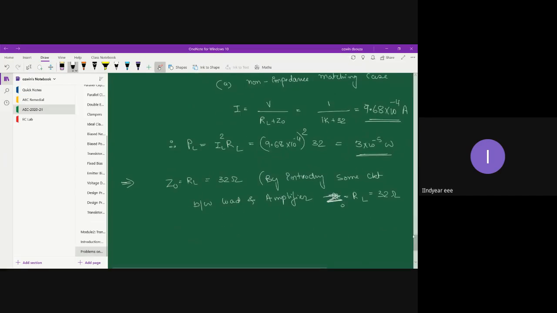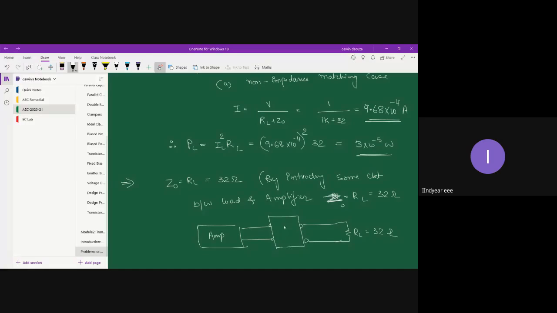So what I have done here is, between the amplifier and the load, which is 32 ohm, I have connected a two-port network, such as an emitter follower.